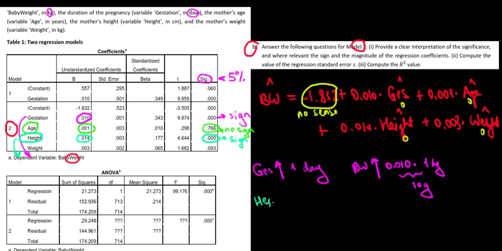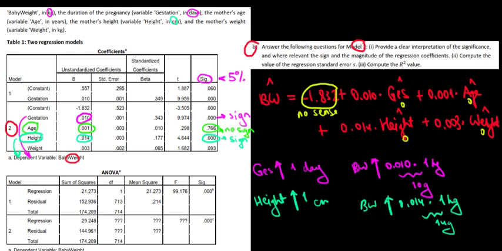If height increases by 1 unit, and what is the unit for height? The height is of mothers in centimeters, so if height increases by 1 centimeter, then the birth weight of the child increases by 0.014 times 1 unit, and the unit of birth weight is kilograms, so that's the same as 14 grams. 1 more centimeter in height on average leads to 14 more grams in the birth weight of children. That's how we interpret it.